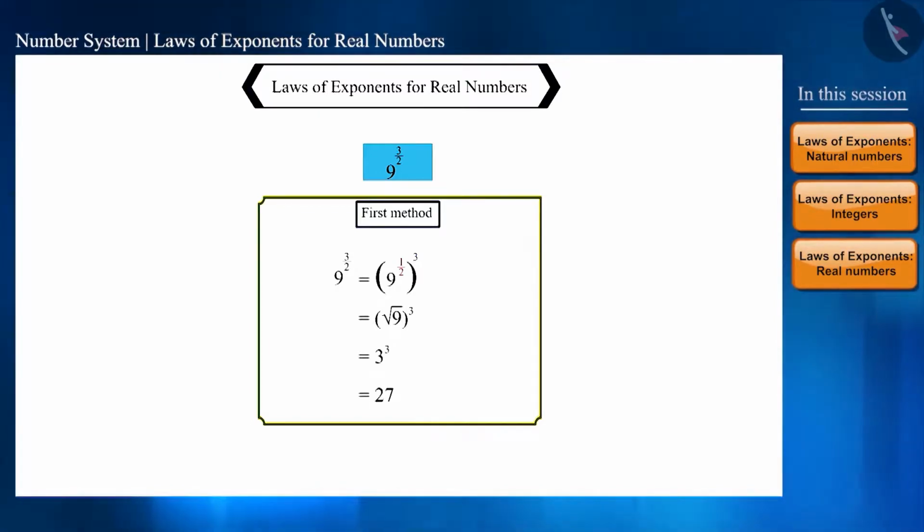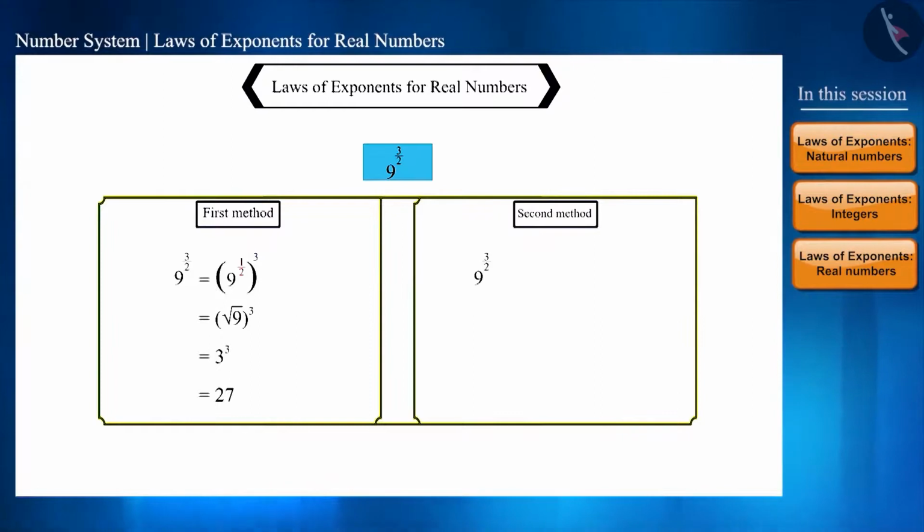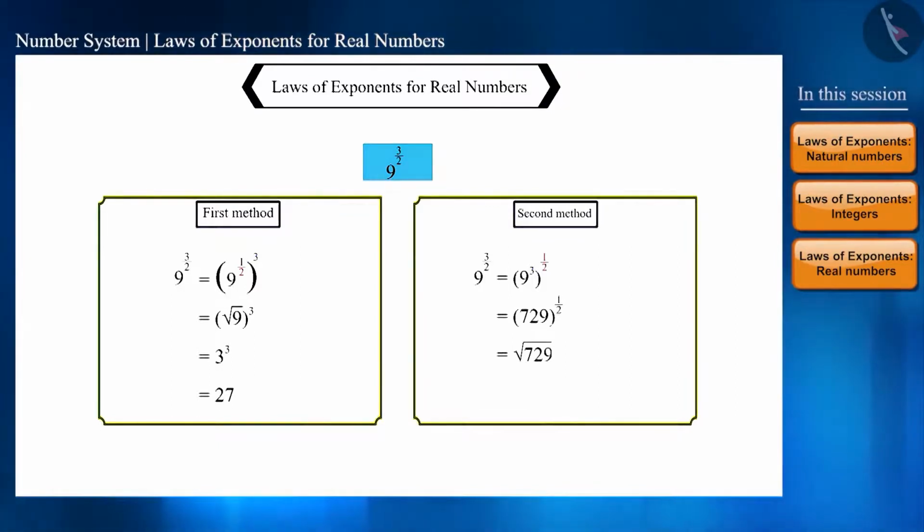And in the second method, first we take the cube of the base number and then the whole raised to the power 1 by 2. So cube of 9 is 729 and 729 raised to the power 1 by 2 is nothing but square root of 729, which is equal to 27.